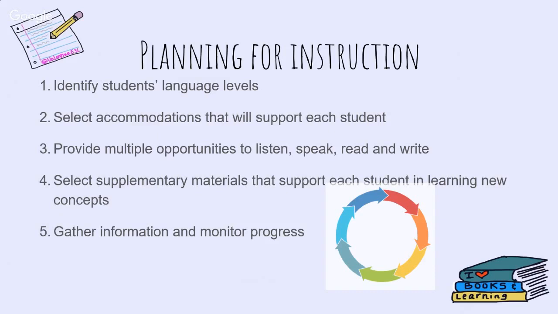We provide our students opportunities to speak, to write, to interact, to read and listen, to swirl. Thanks, Carlotta, for that. And then we select those supplementary materials. And as we do that, we gather information to monitor progress. And that's how we plan for that instruction in reading and writing workshop.